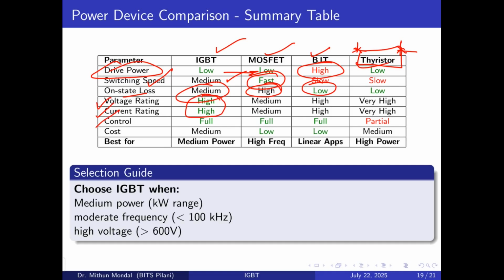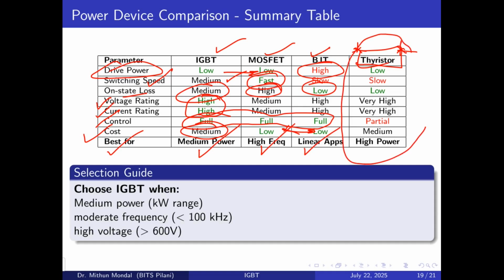Control, if you see, then full control is there for all the devices. Cost, if you talk about, then the cost is medium in case of IGBT, but low in case of MOSFET and BJT. So where is the best application, we have to see. If you need medium power, go for IGBT, high frequency, go for MOSFET, linear application if you require, then go for BJT.